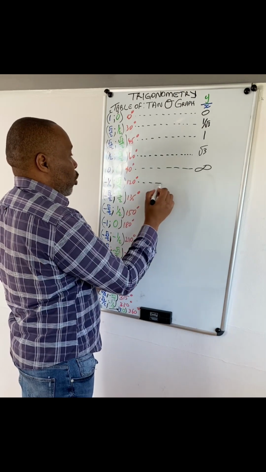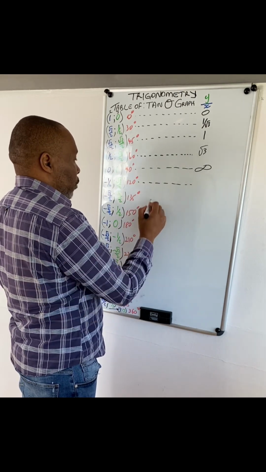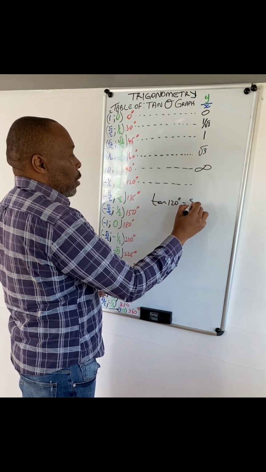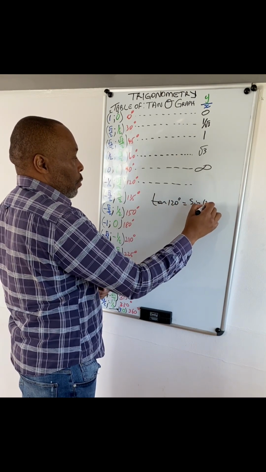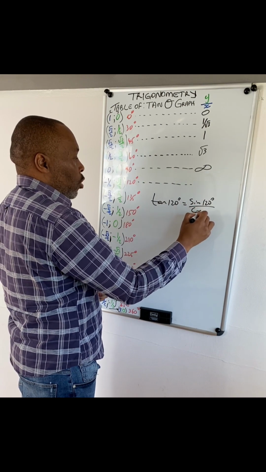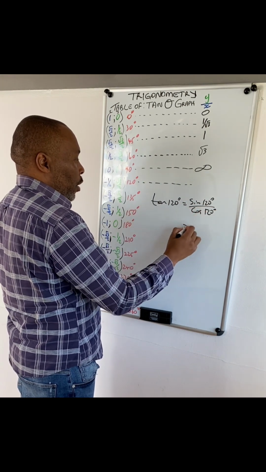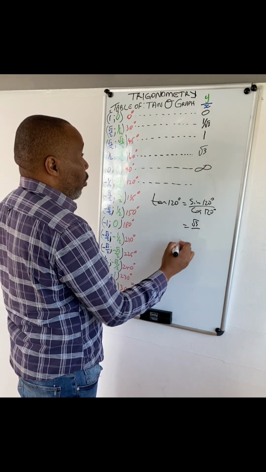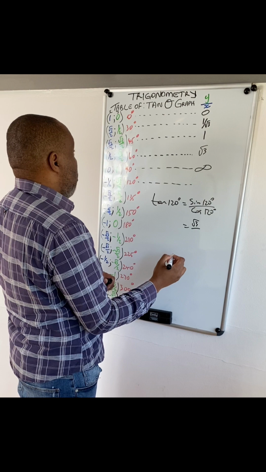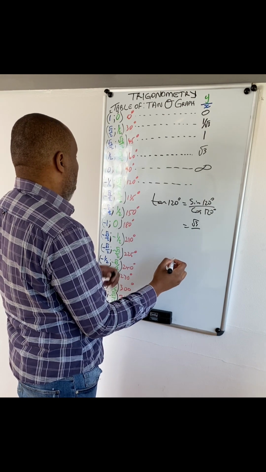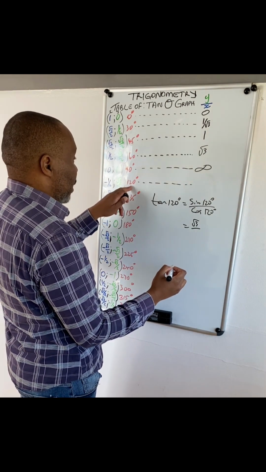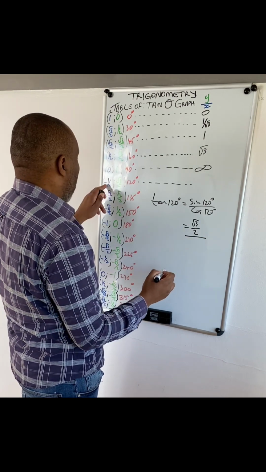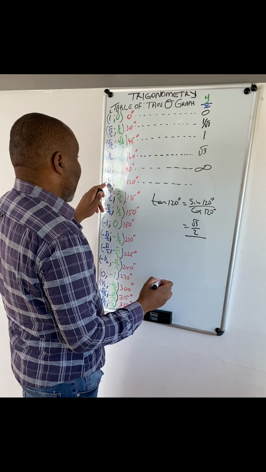Then we come to 120 degrees. Sine 120 degrees is root 3 over 2 all over cos of 120 degrees.